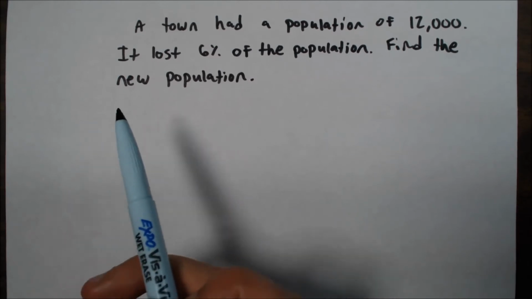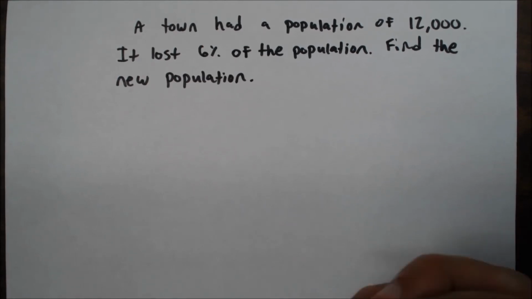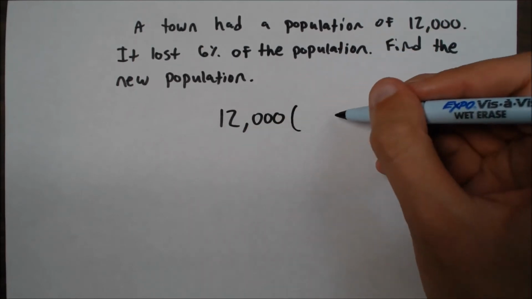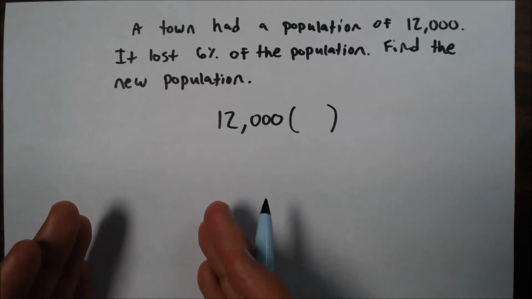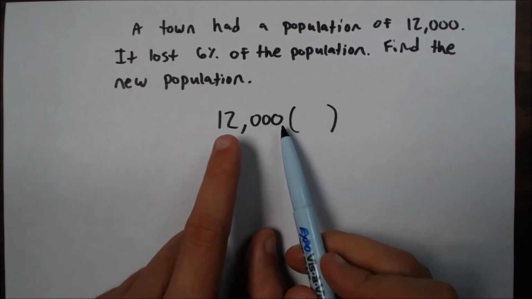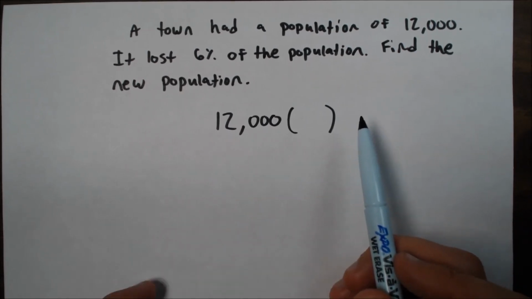In this example, a town had a population of 12,000. It lost 6% of its population. Find the new population. So again, we have a starting amount, 12,000. Now I need to multiply this. I want to multiply by one thing, one number that's going to give me the new population. I don't want to calculate what 6% is and then subtract it from the original amount. You could do that, but I don't want to do that. I want to do it in one multiplication. And you're going to need to do this when we get to exponential functions. So instead of multiplying by 1, which would be 100%, I need to multiply by 6% less than 1.